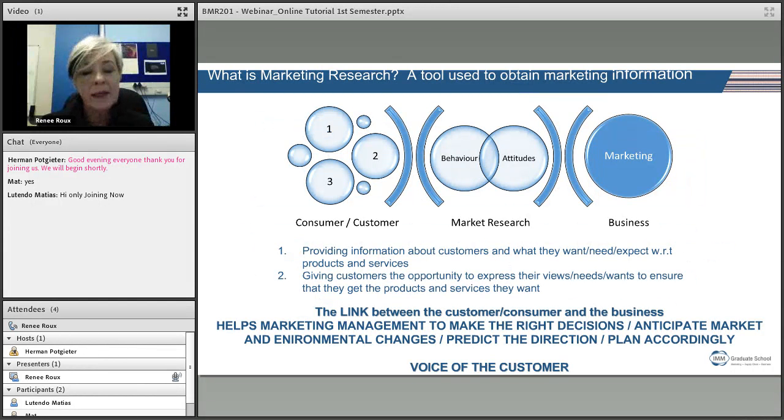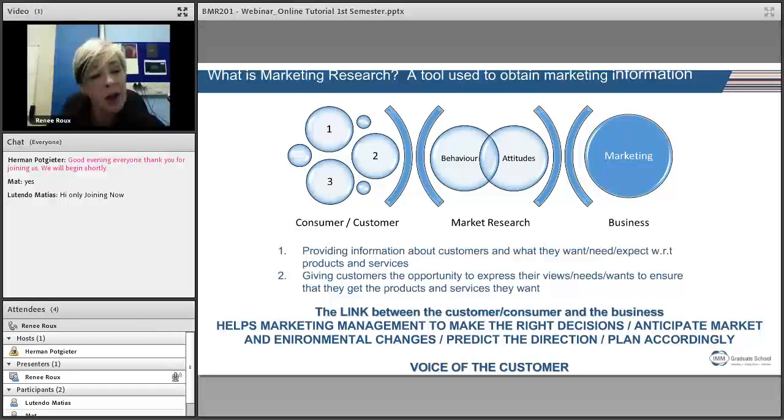So, marketing research is a tool in obtaining marketing information. What do we mean by marketing research? In the world out there, on the one side you have customers and consumers: people that are using your product, people that might be using your product in the near future, people that maybe don't know about your product yet but are perfect for your product.